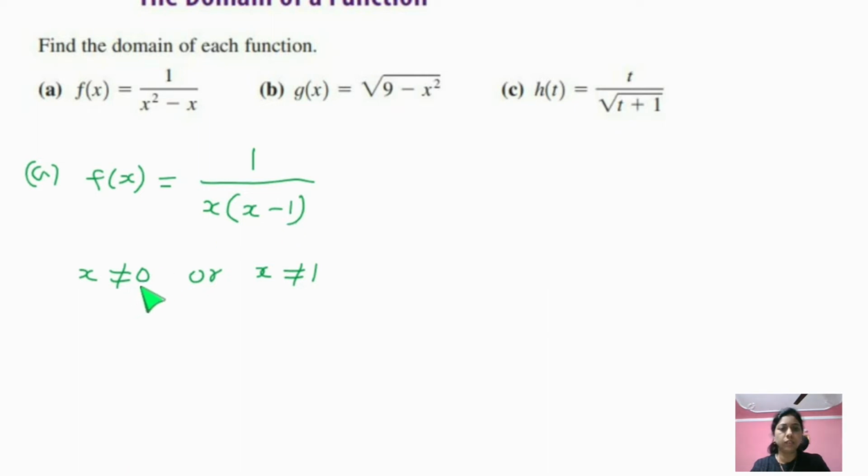So if x is equal to 0 or x is equal to 1, this function is not defined. So what is the domain? x such that x not equal to 0 and x not equal to 1.